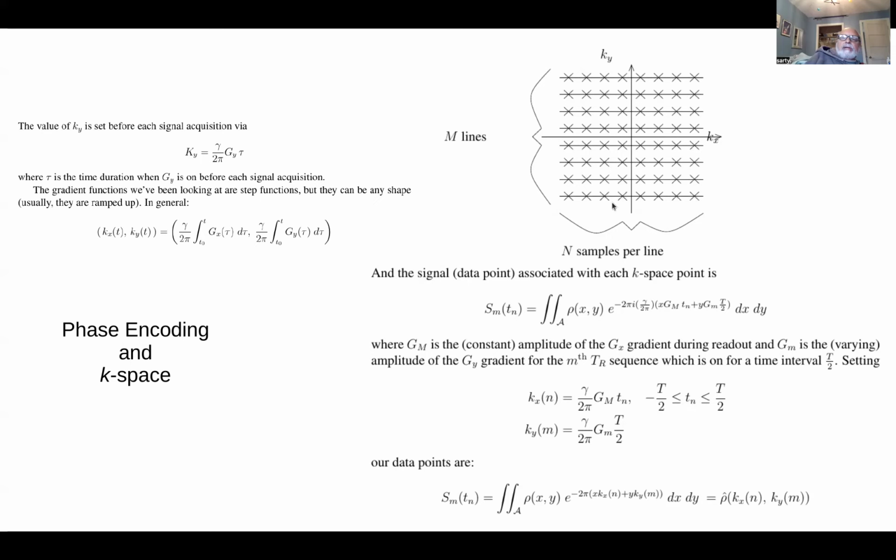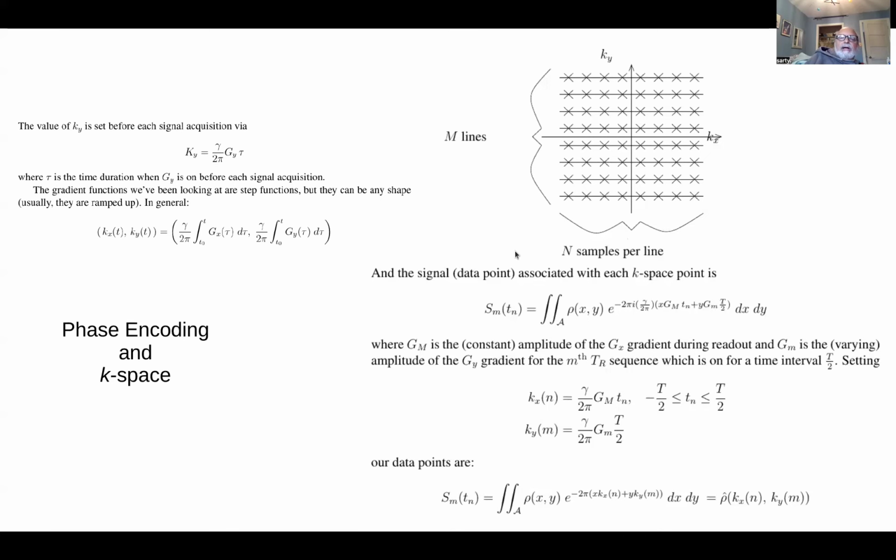So if we repeat the acquisition M times, changing the KY gradient each time, we're going to get M lines in K space. And then depending on your ADC setting, you're going to get N samples each time you collect a signal with that ADC.